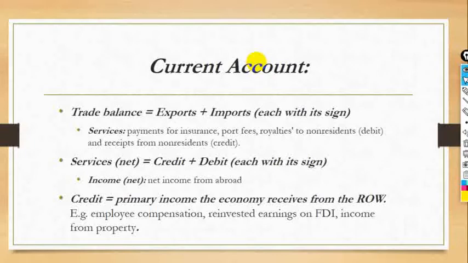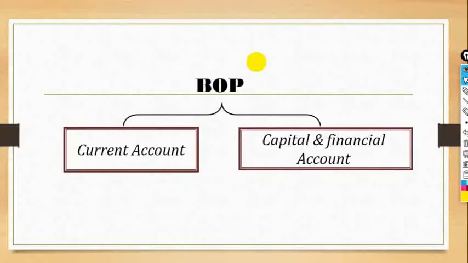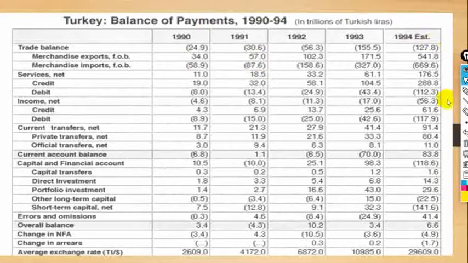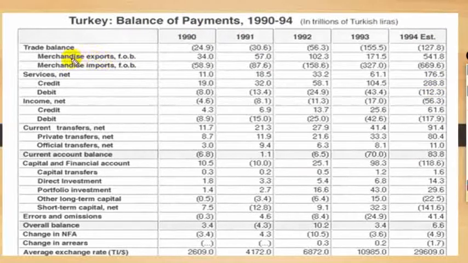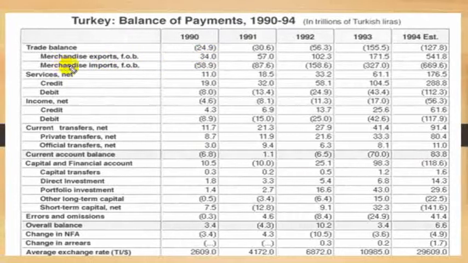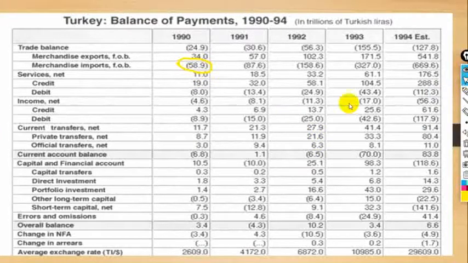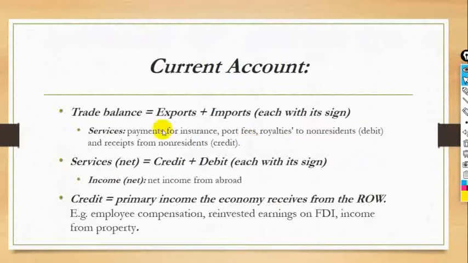As imports are recorded negatively, returning back to this table, you can see that export of goods is positive, while import of goods is between two brackets. This means that the value is negative. So we can write it as a negative sign or between two brackets. So trade balance is the summation of export and import, each with its own sign.